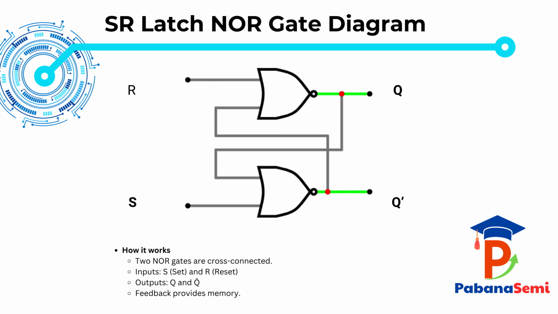That makes Q and Q bar equal, which breaks the rule that they must be opposites. When we release both inputs back to 0, the final state can become unpredictable, so we call this input combination invalid. So remember, two cross-connected NOR gates plus feedback gives us the simplest 1-bit memory element, the SR latch.